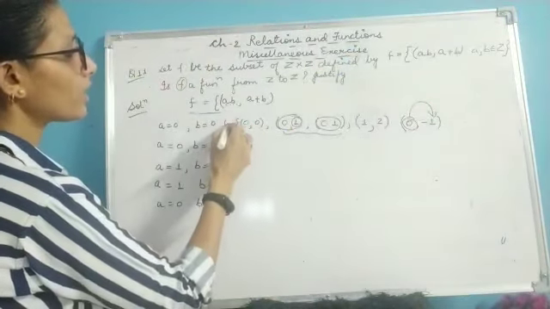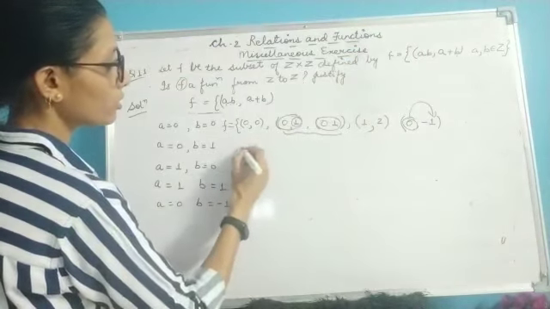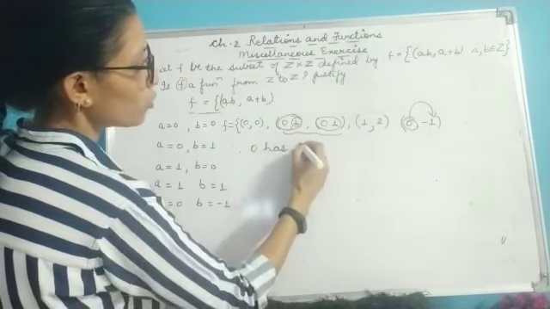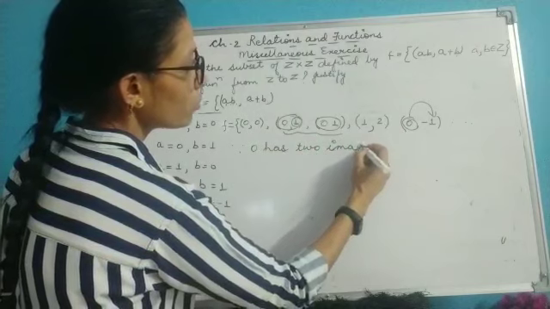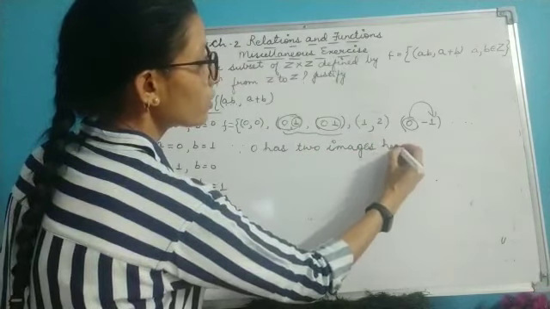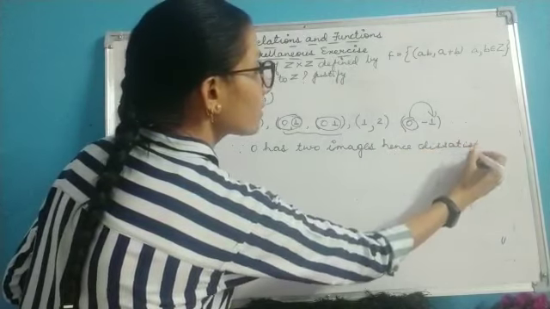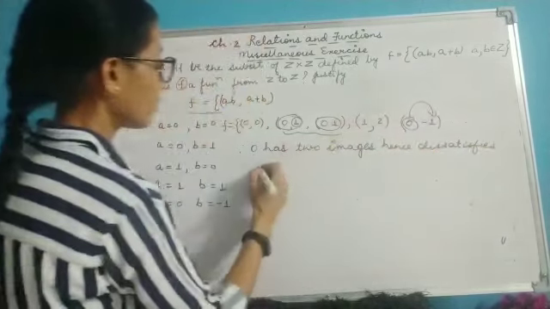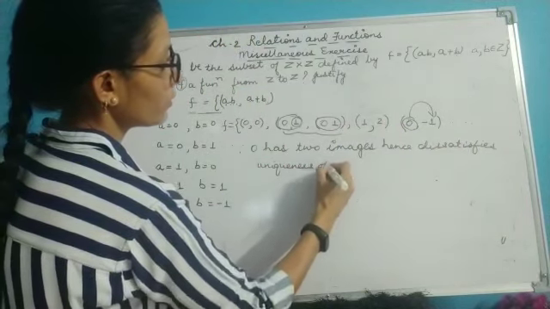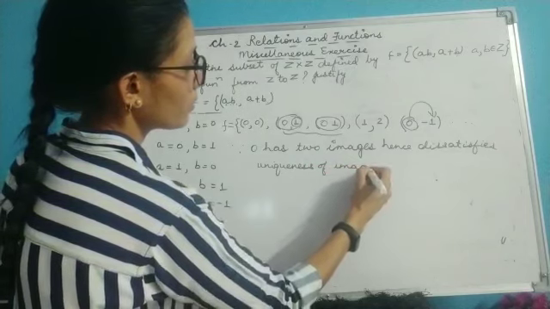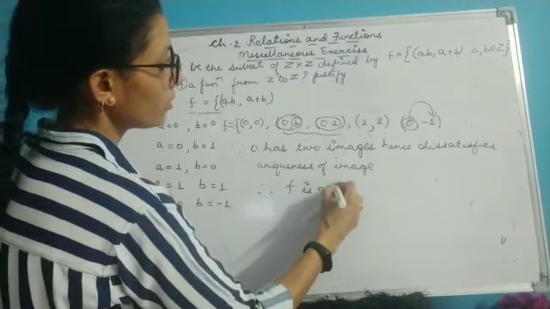Hence we can say that since 0 has two images, it dissatisfies uniqueness of image. Therefore, f is not a function.